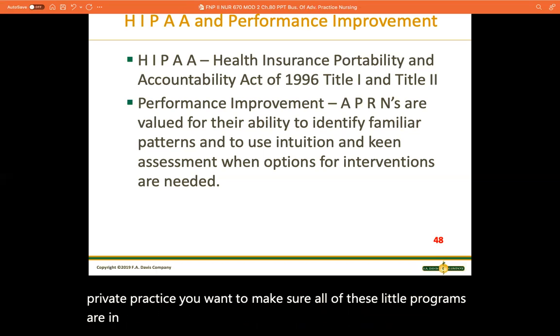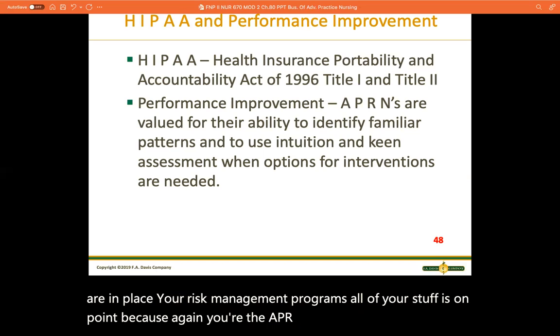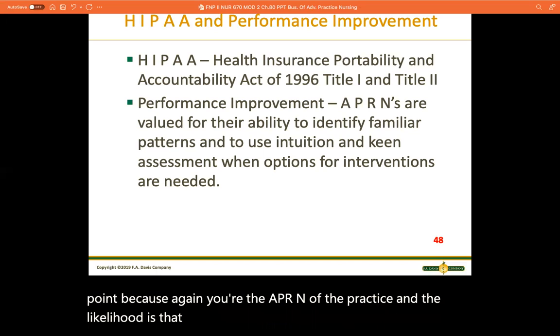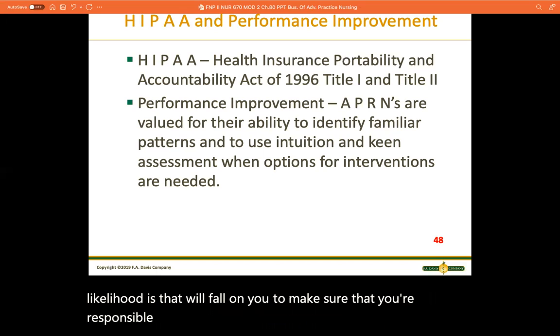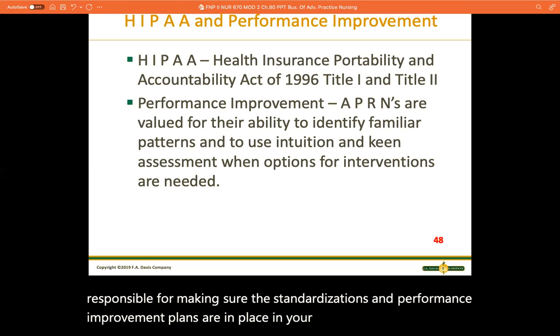Your risk management programs, all of your stuff is on point, because again, you're the APRN of the practice, and the likelihood is that it will fall on you to make sure the standardizations and performance improvement plans are in place in your particular business. So just be aware of that.